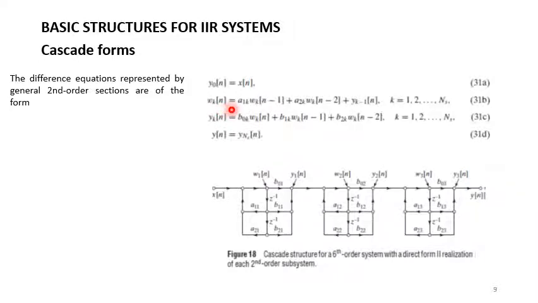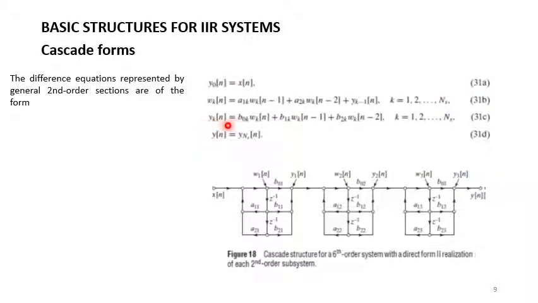So we can write w of k n equals a1k w k n minus 1 plus a2k w k n minus 2, and so on, where k is 1 up to ns.